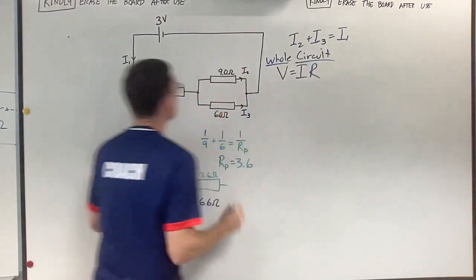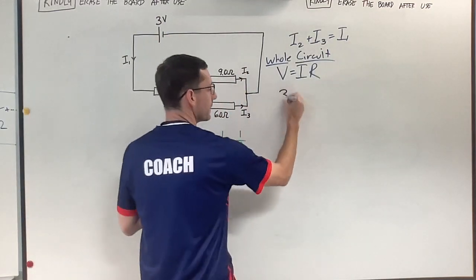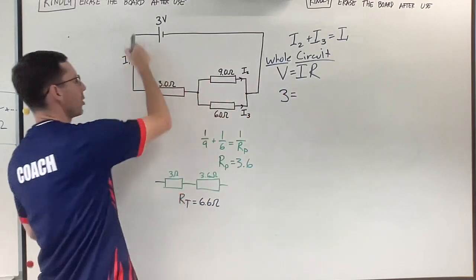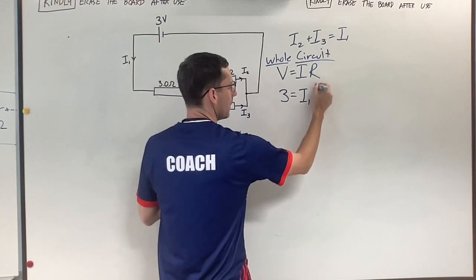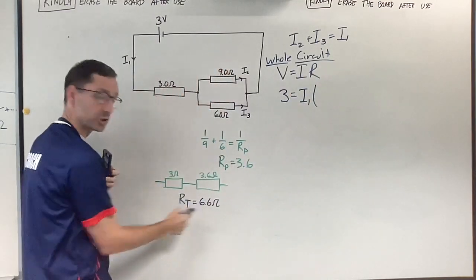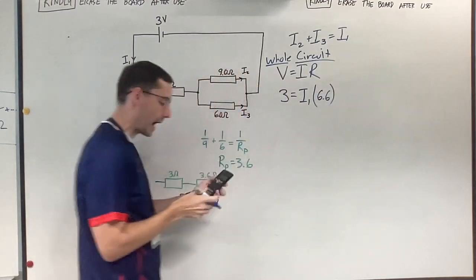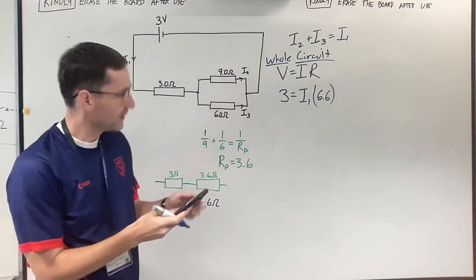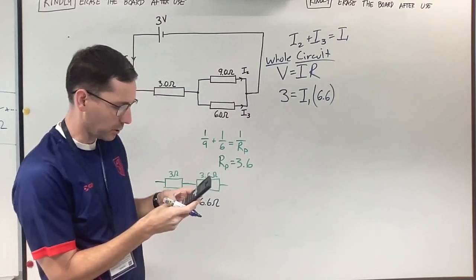Okay, so the potential going through the whole circuit is 3 volts. The current going through the circuit is going to be that I1. And then the resistance of the whole circuit is this 6.6. And so now I can solve for I1 just by going 3 divided by 6.6.